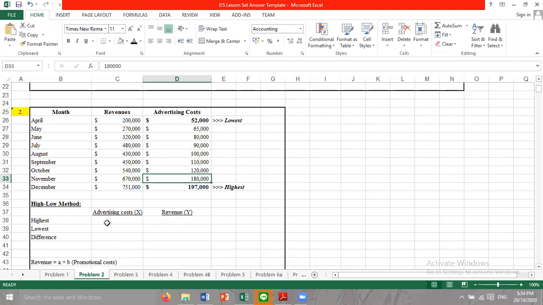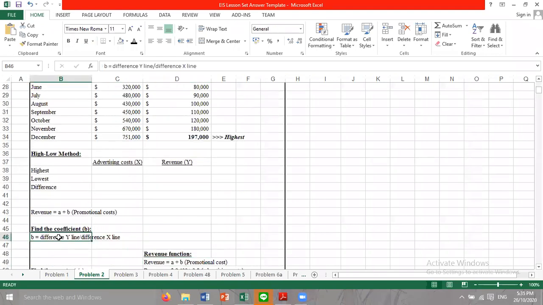Using the high-low method, we need to estimate the slope, or the coefficient of the linear equation, using the following formula: difference in y, or difference in cost, between the highest and lowest data point divided by the difference in x between the highest and lowest data point. Let's just plot our data first.